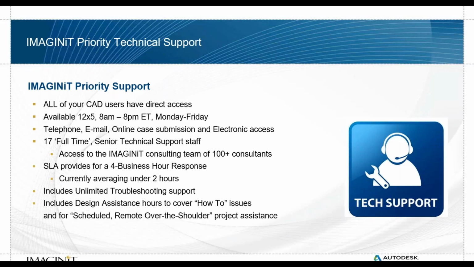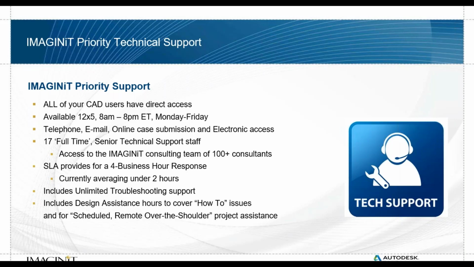Just as that name implies, priority support provides our customers with top of the queue access to our senior level technical support staff. We do offer it as an annual program, and we allow all of your CAD users, not just the admins, but everybody in your organization, to directly contact our best-in-class support organization to get the technical assistance that they need.